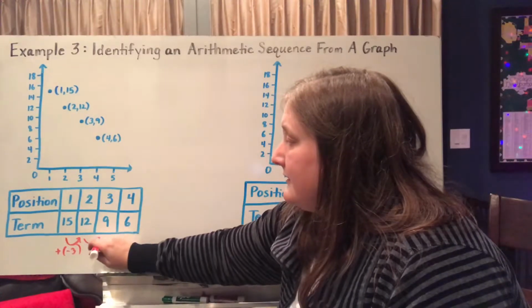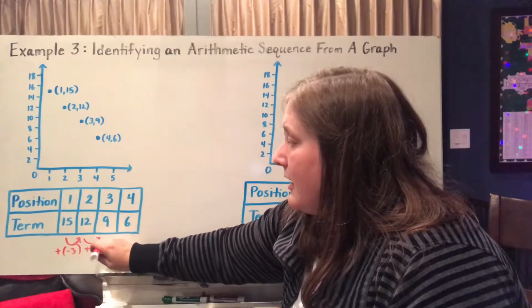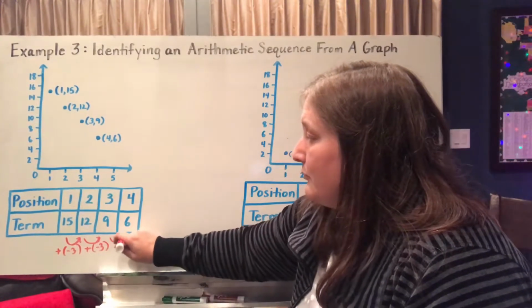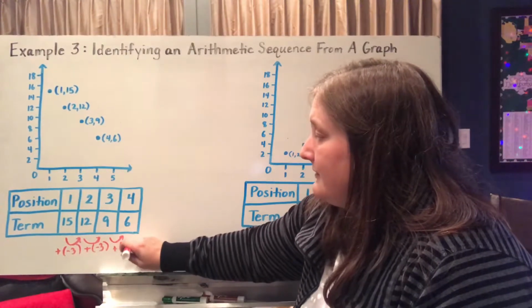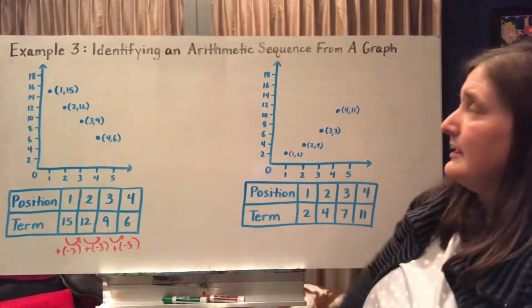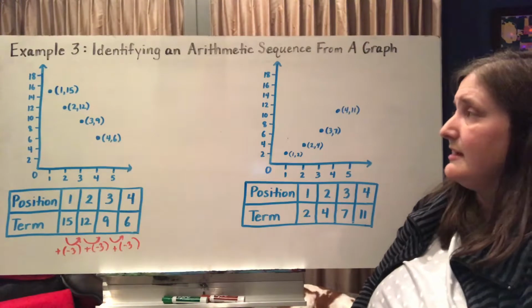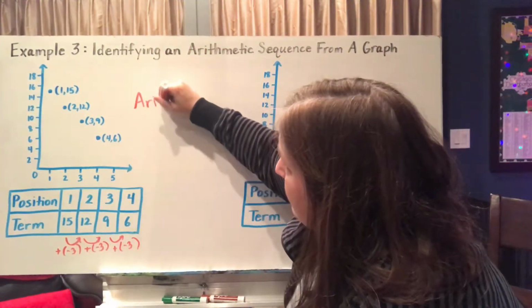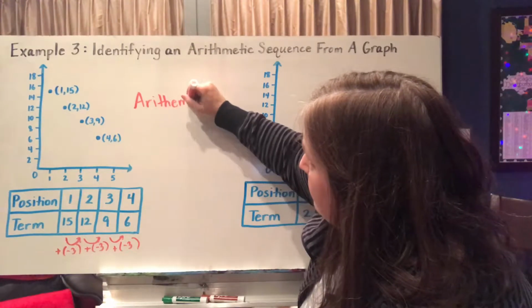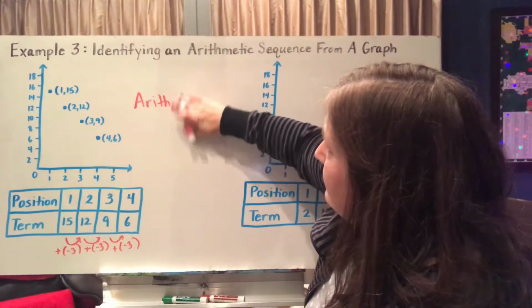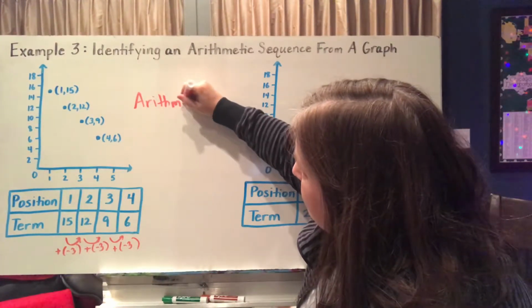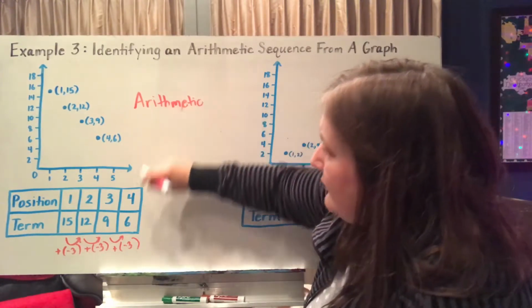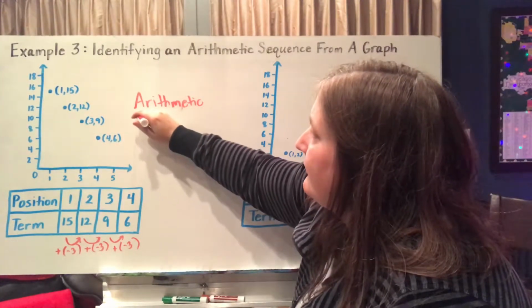I want to make sure that's consistent the whole way across. And it does work. So in this case, they're asking me, is this an arithmetic sequence? Yes, this is an arithmetic sequence with a common difference of -3.